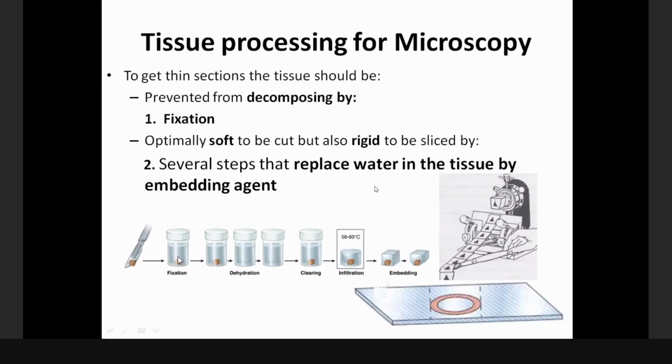Fixation can also be done by a method known as perfusion. When the object you are going to fix, to prevent it from decaying, is big, or maybe you want it to be fixed immediately, instead of immersion, you may inject the chemical through its blood vascular system.